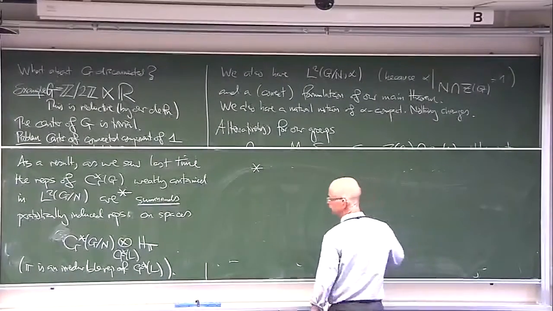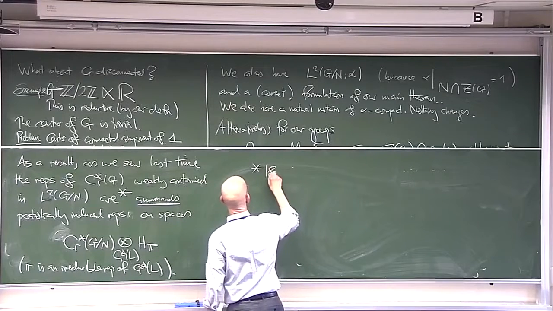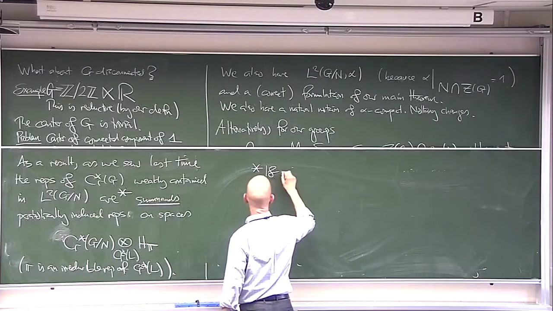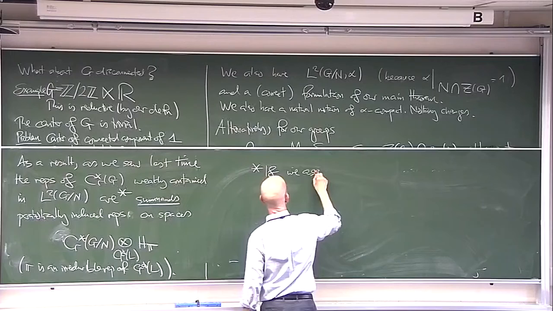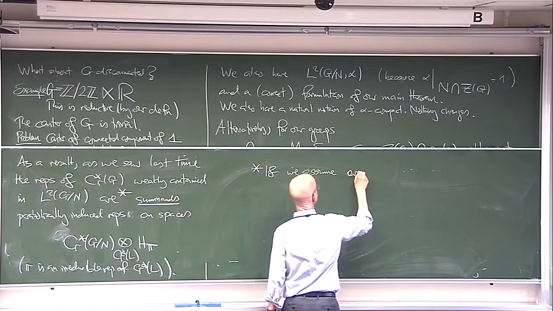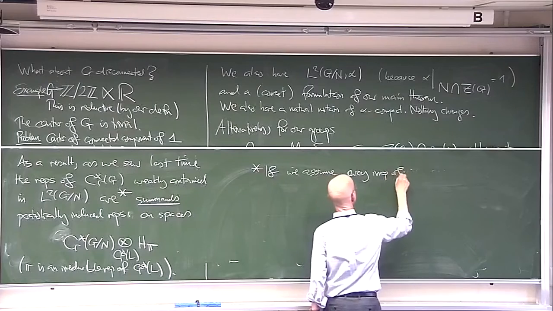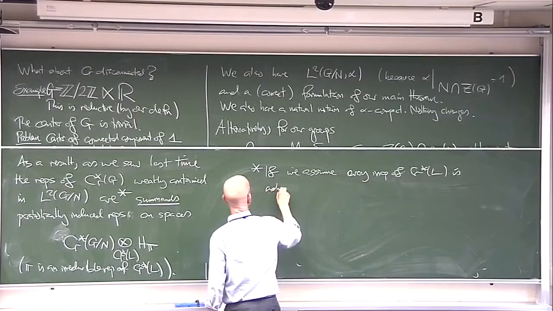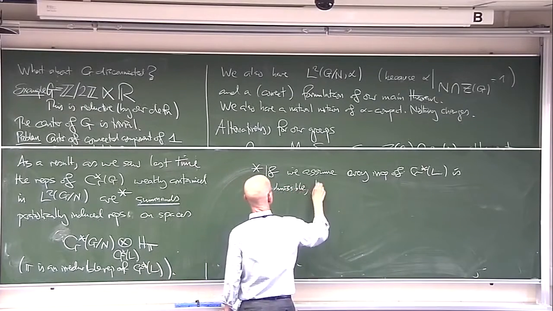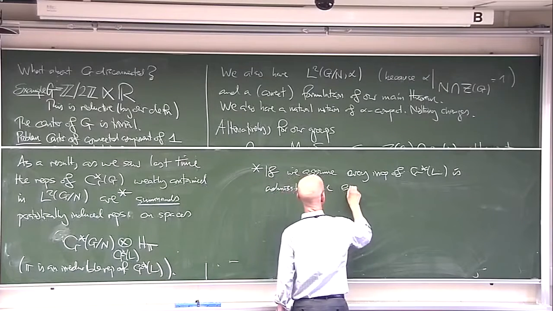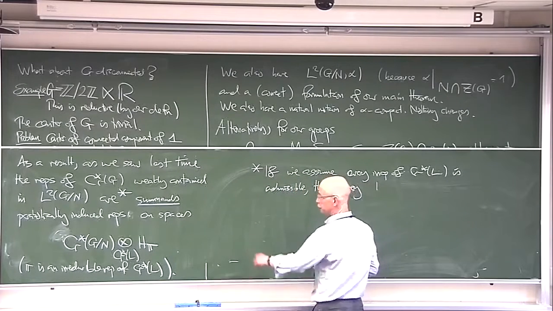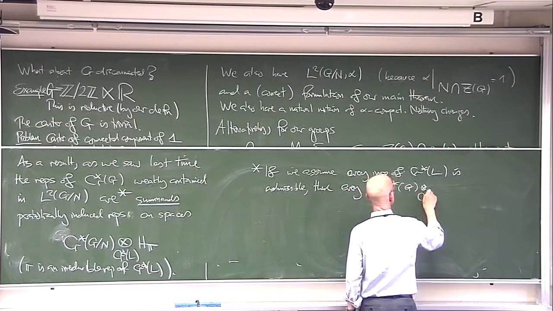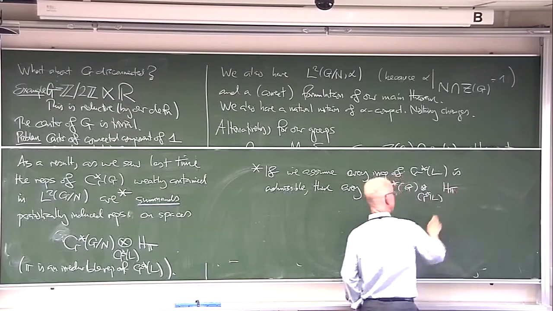And I just wanted to, as an asterisk, say that if we assume that every reducible representation of C star of L is admissible, the condition that we had earlier, then every one of these induced representations is completely decomposable.